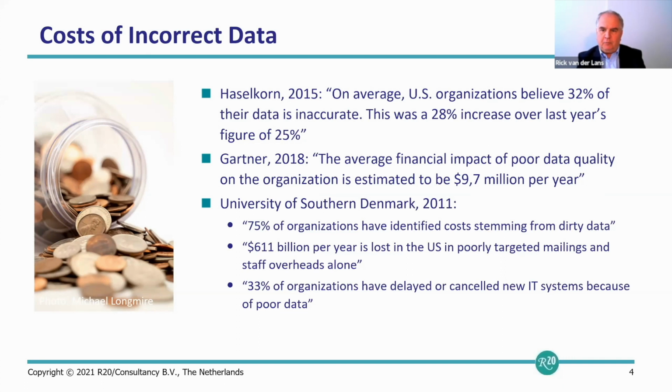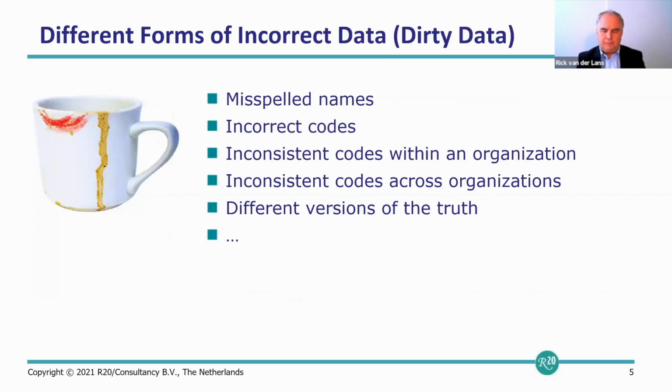For example, 75% of organizations have identified costs stemming from dirty data. 100 billion per year is lost in the US in poorly targeted mailings and staff hours alone. I mean, we know this, right? The quality of data has an impact on its business value. It's clear to us all.